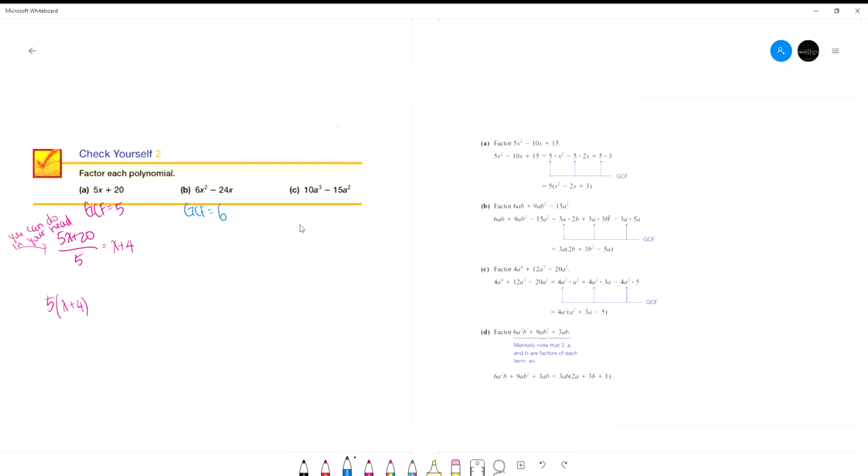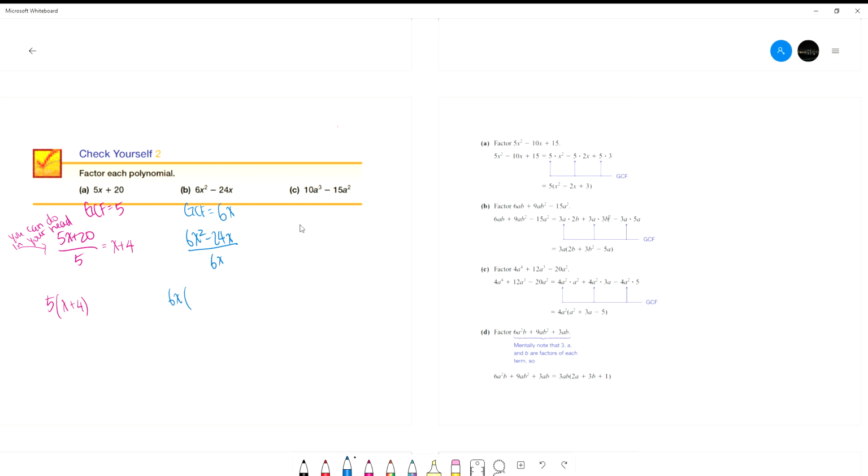What about the variables? Very good. It's the smaller exponent, right? If they both have x, that means it's the smaller exponent. So now you can divide both terms by 6x. Your final answer should look like 6x times parentheses.